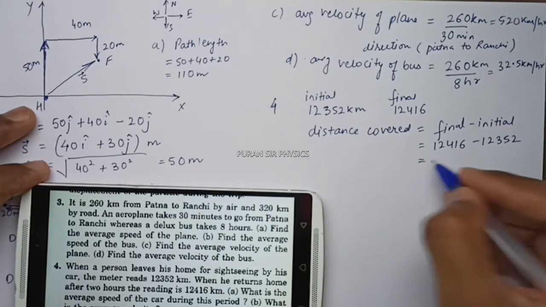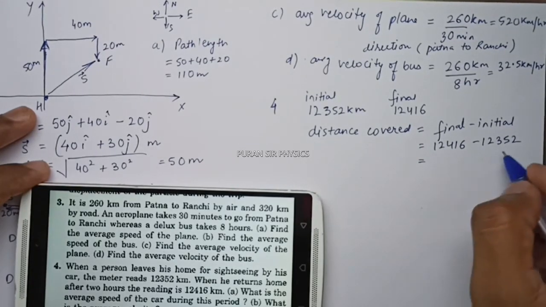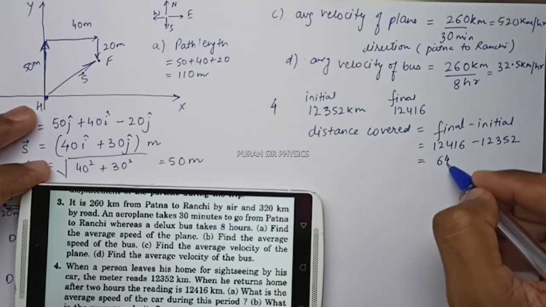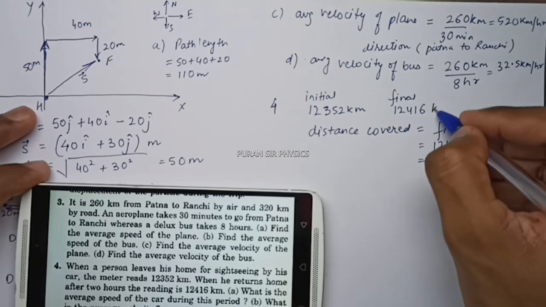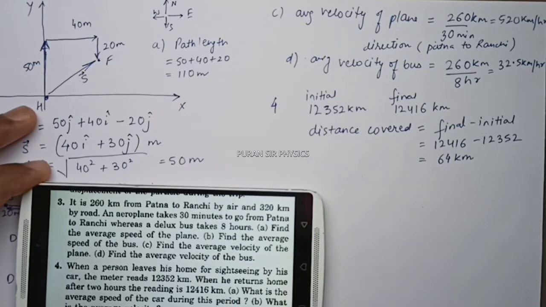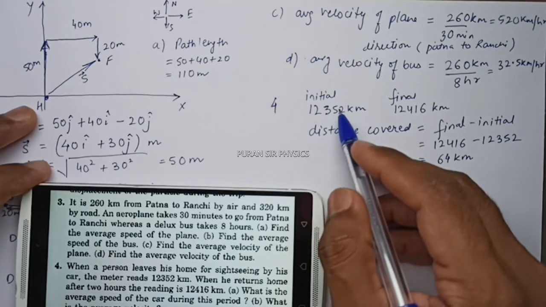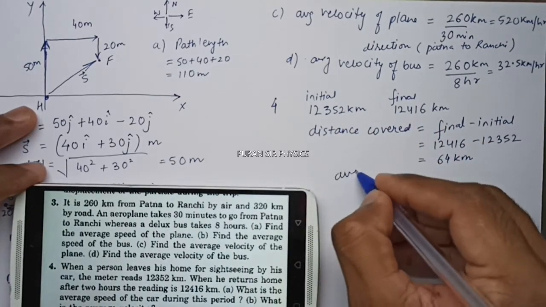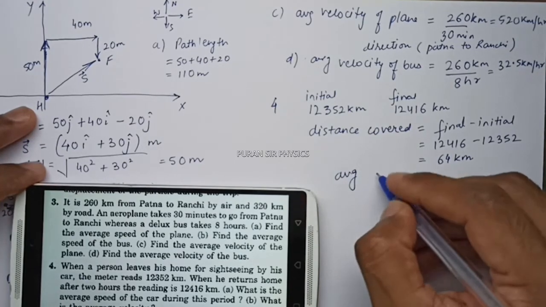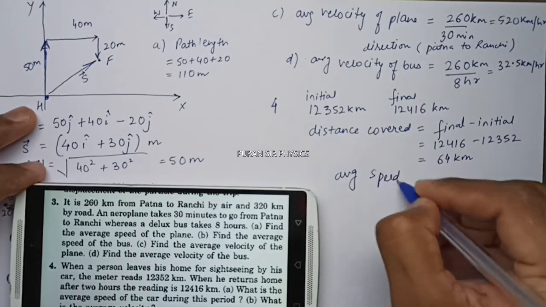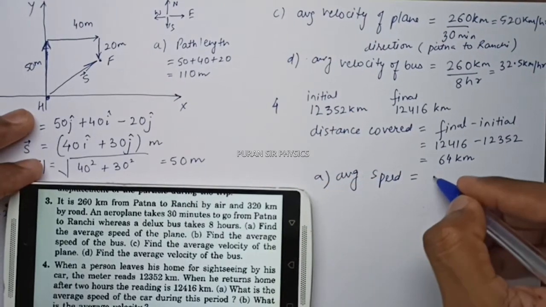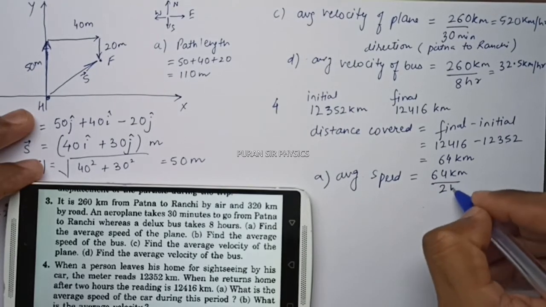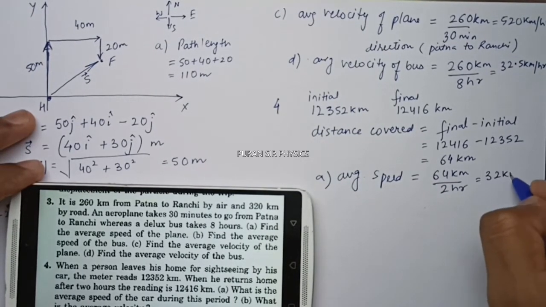So it will be your 64 kilometer. And the person returns after 2 hours, तो time भी हमको given है. So average speed, ये A part आपका, that will be distance covered, that is 64 kilometer divided by 2 hour, so it is 32 kilometer per hour.